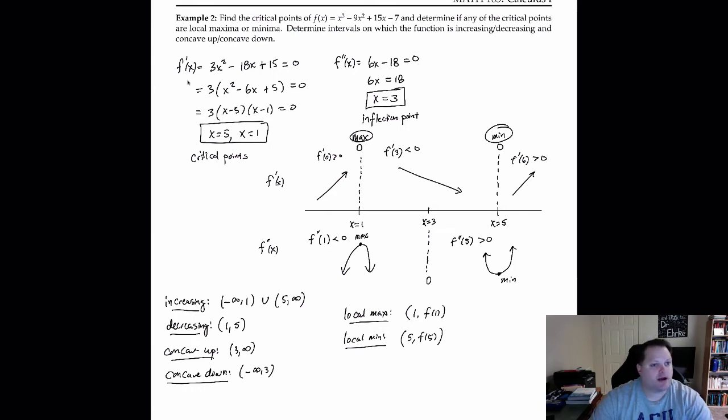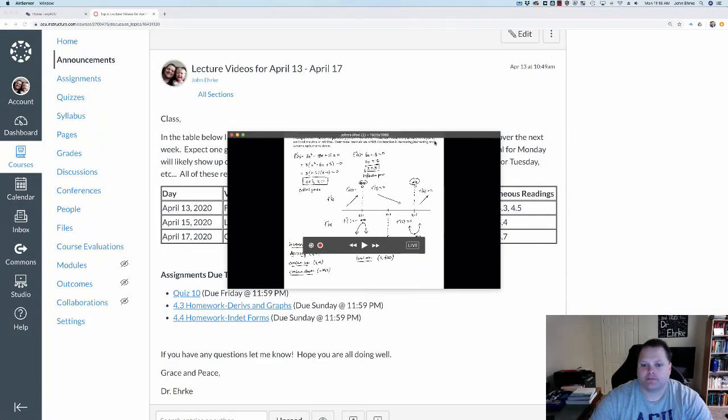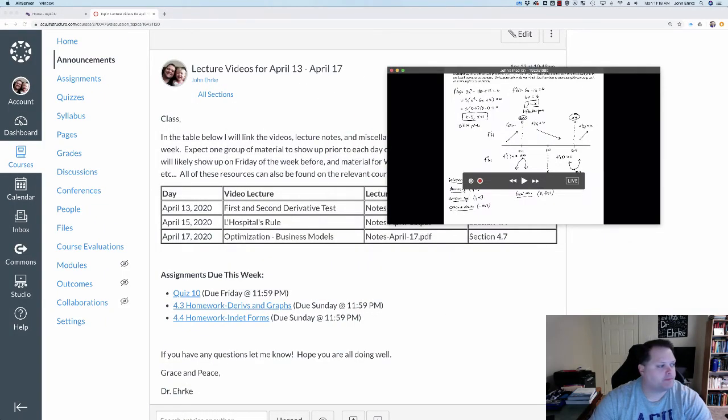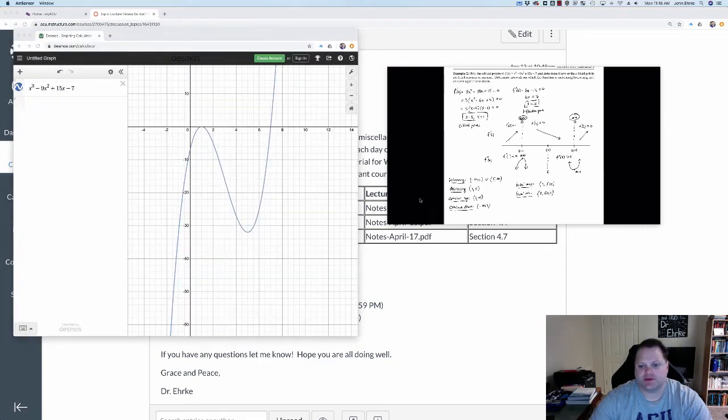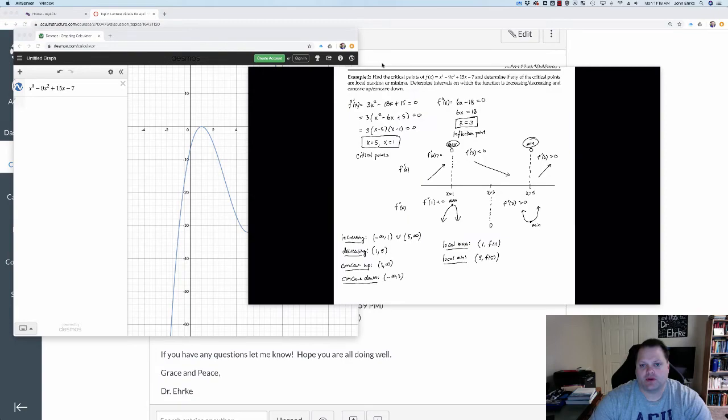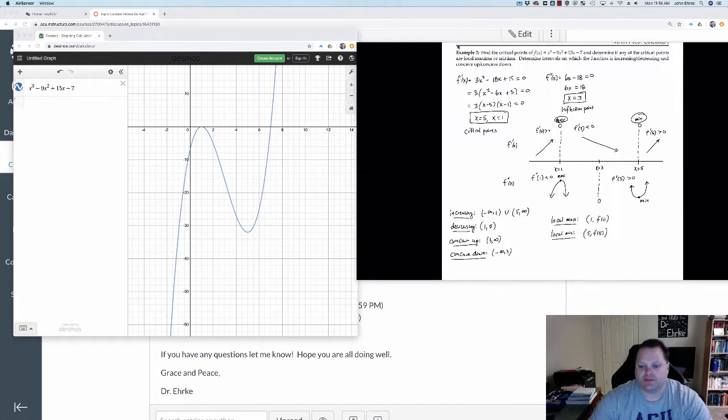All right, so if I pull this over real quick. So here is the function in Desmos. Let's see if it matches up with what we just calculated together.